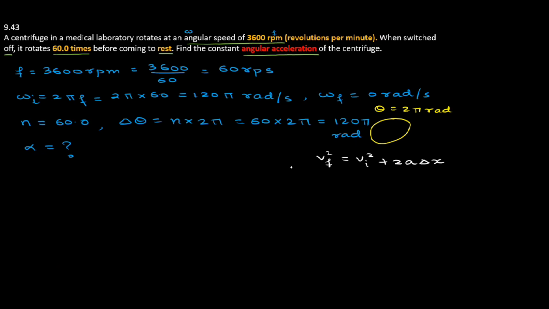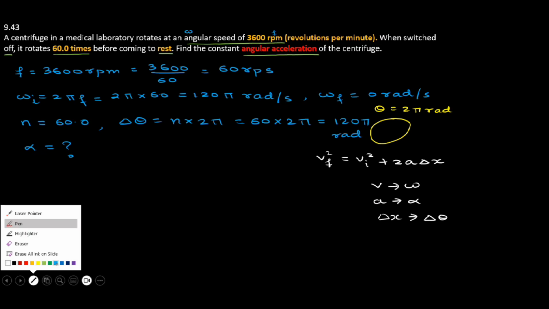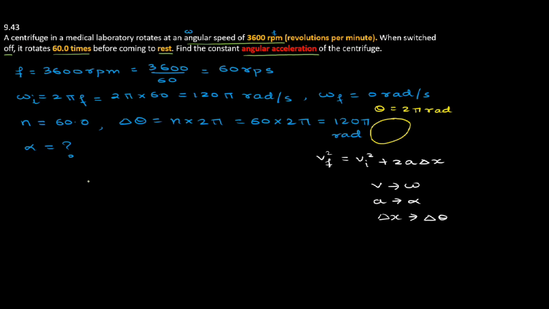When we rewrite this equation in angular counterparts, V gets replaced by omega, acceleration gets replaced by alpha, and delta x will be replaced by delta theta. So I'm going to rewrite this expression for circular motion, and we get omega final squared equals omega initial squared plus 2 alpha delta theta. I wrote the same equation, but I replaced the linear values with angular values.